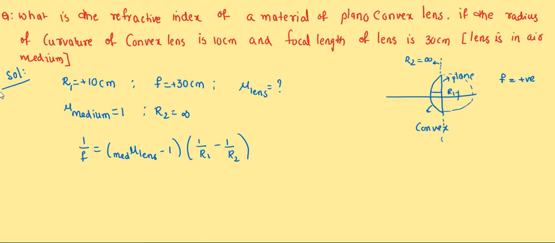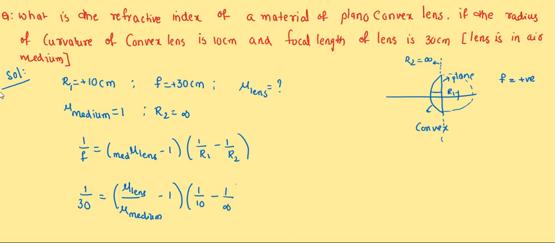R1 is 10 centimeters. Now we substitute all values here. The focal length is 30 centimeters. 1 by 30 is equal to (refractive index of lens by refractive index of medium minus 1) into (1 by R1, R1 is 10, minus 1 by infinite).